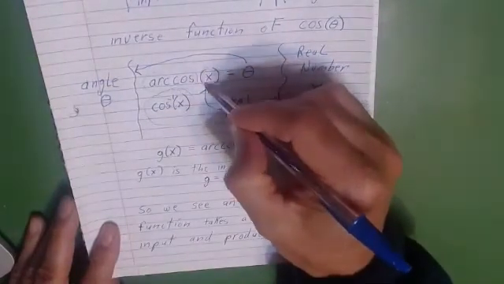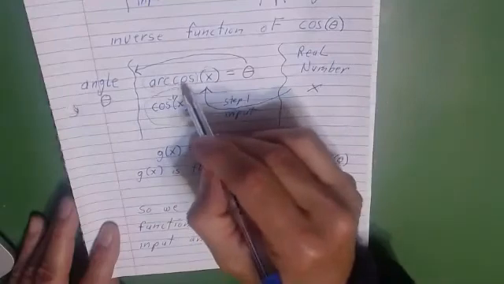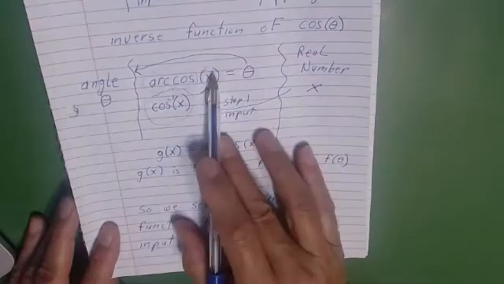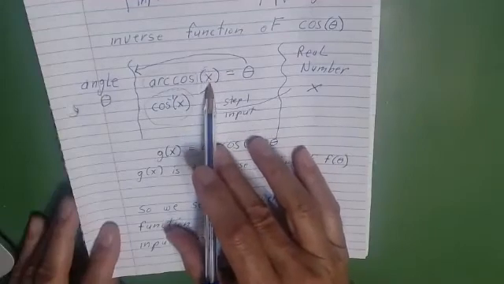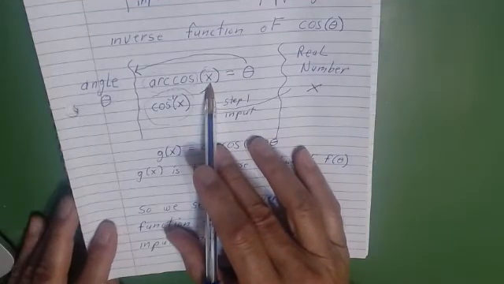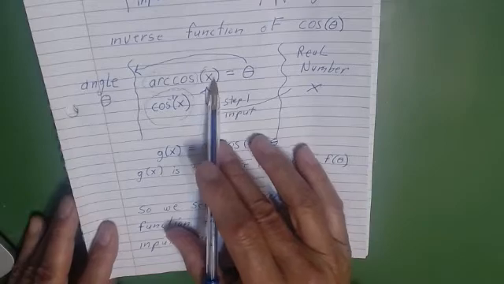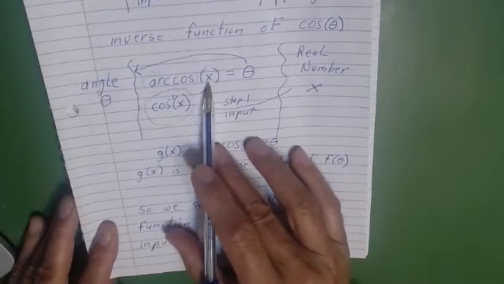This is no longer an angle. When you have an arccosine function, this is a real number here, okay, which would be a distance, or it's a point on the x coordinate space, but it is not an angle.